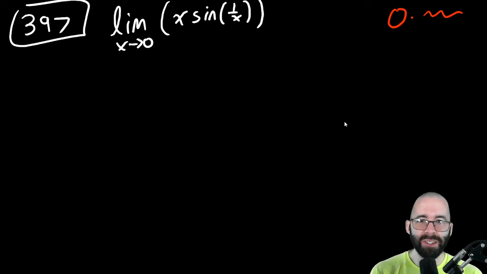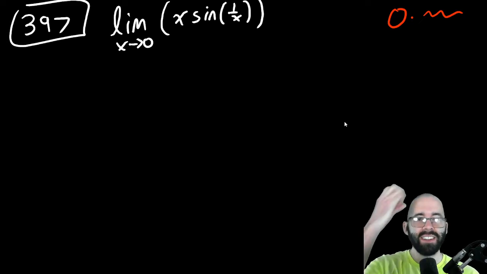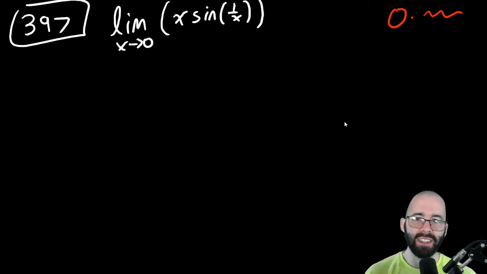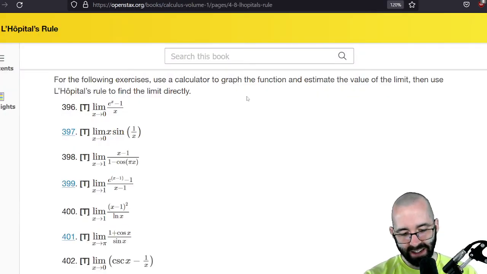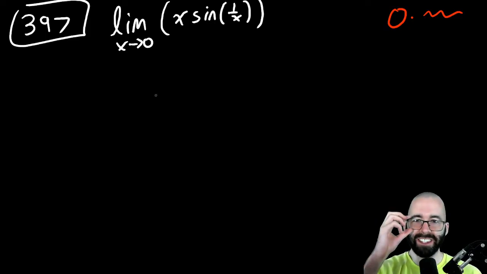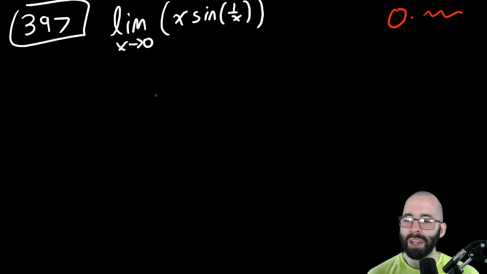I don't think we can use L'Hopital's rule because we basically have sine of infinity. It does tell us to use L'Hopital's rule, but you can't use it here. You might get the right answer by using L'Hopital's rule, but as we have introduced this theorem, it doesn't apply here. Book, you disappoint me.